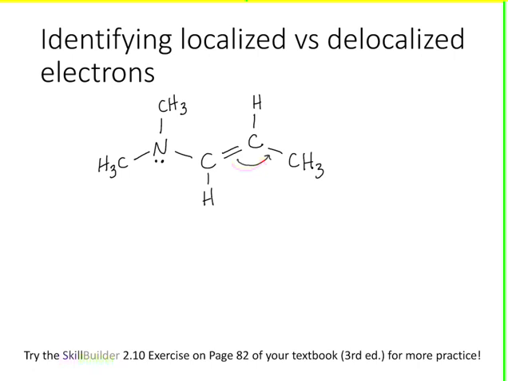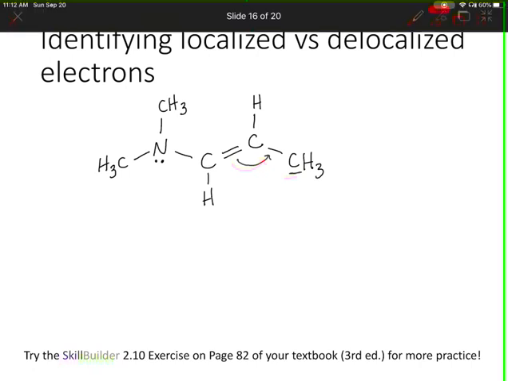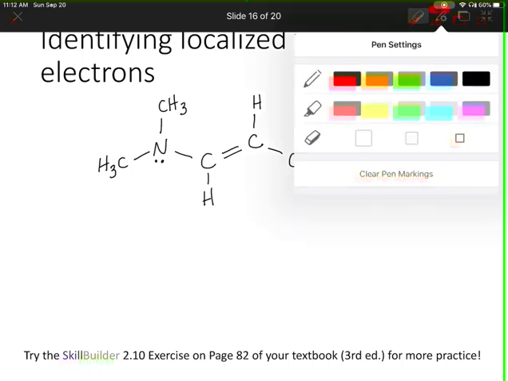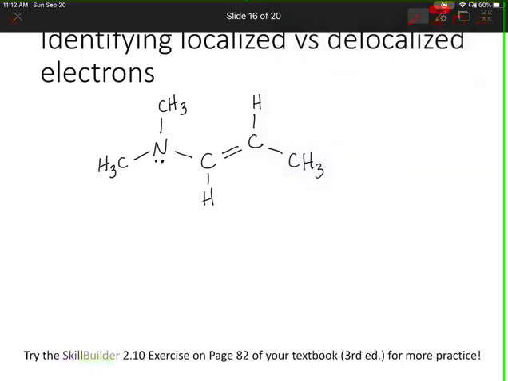No, we can't do that, right? Because that would give this carbon 5 bonds. So that doesn't work. What about this lone pair on nitrogen? Can we move that over? No, because that would also give that carbon 5 bonds.